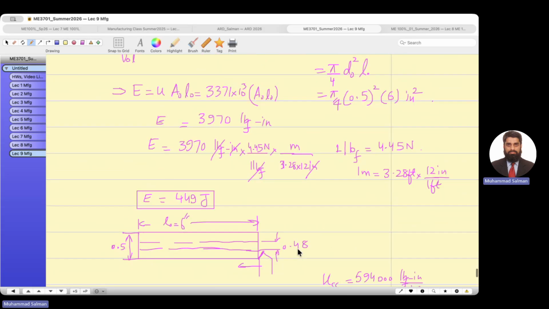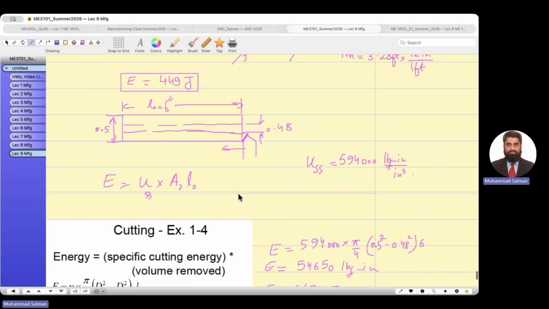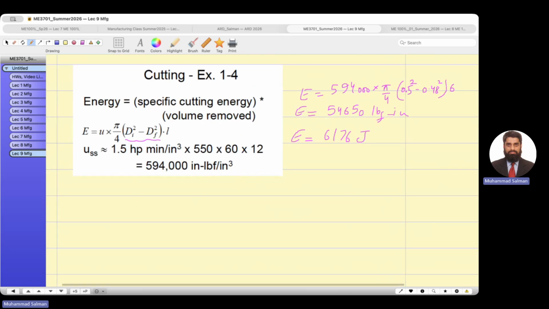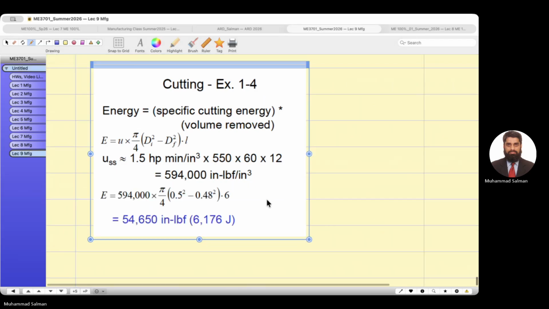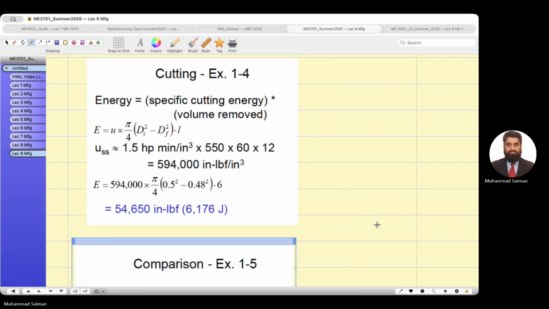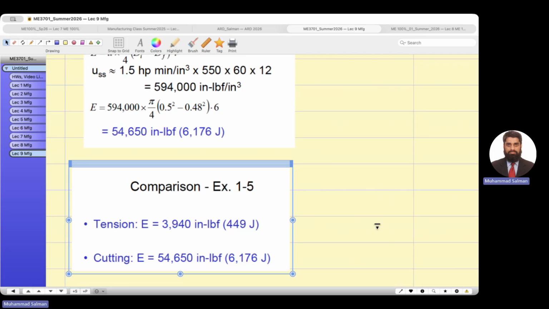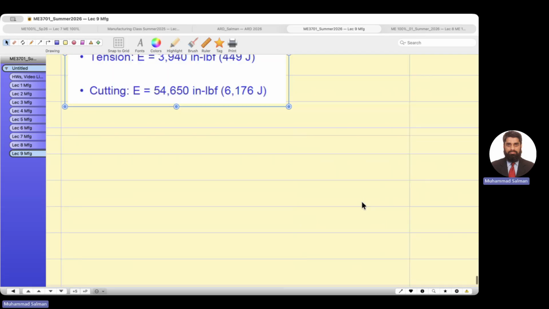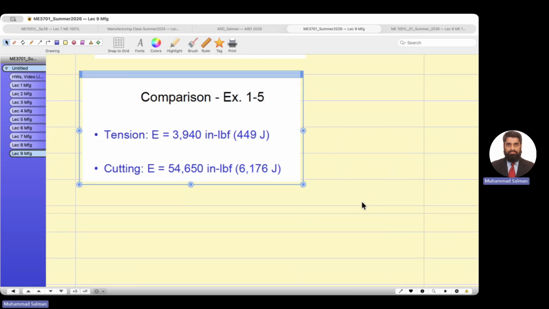Over there, the energy required was quite low, but here it is quite high. Comparison: in tension, the energy is 450 joules, and in the cutting operation, this is 6,176 joules.